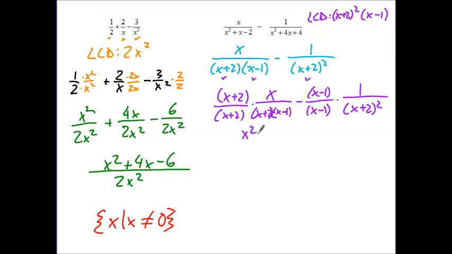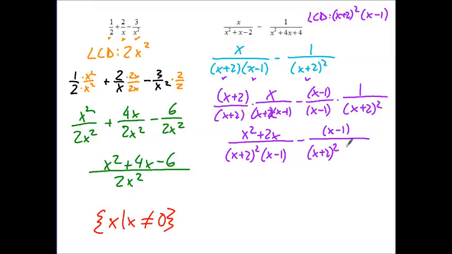So we get x squared plus 2x over x plus 2 squared times x minus 1, minus x minus 1 times 1, which is just x minus 1, over x plus 2 squared times x minus 1. Now for our next step, let's be careful here.